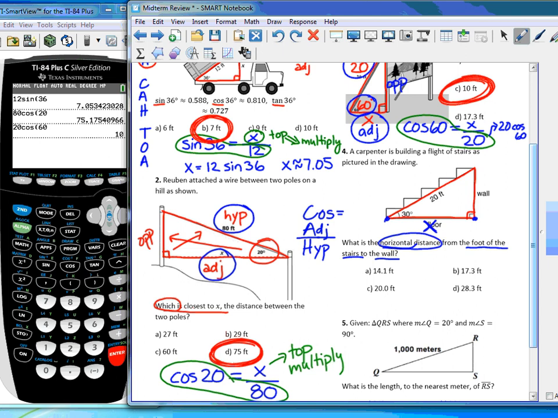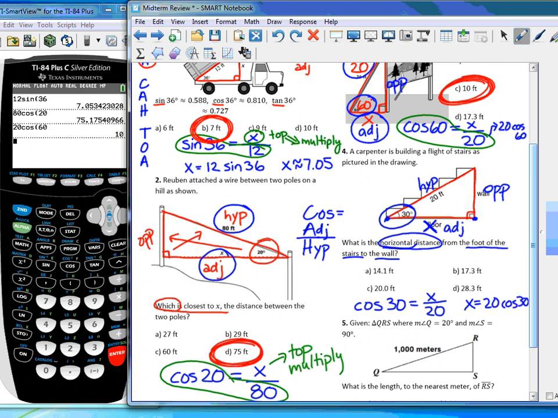So I follow my steps. I circle the angle that's been given. I label my sides, hypotenuse. This is the opposite, and this is the adjacent. And once again, we're going to be using cosine. So we have cosine of 30 degrees is equal to adjacent over hypotenuse. So we multiply 20 cosine 30.